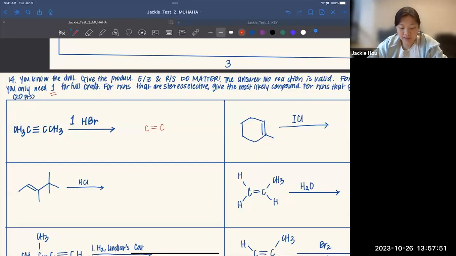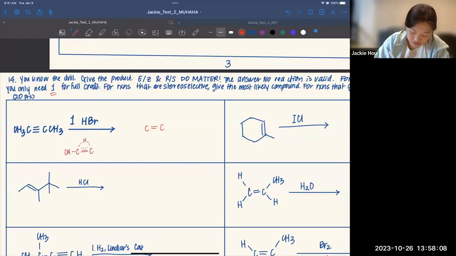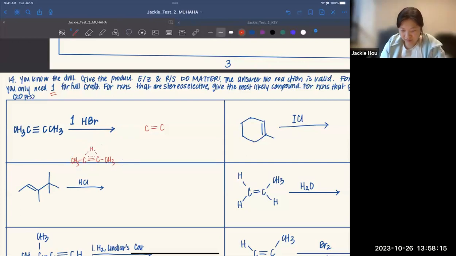But in the mechanism of this, and you'll find this in the textbook, what actually happens is that this alkyne creates a complex called a pi complex. And it looks something like this. This is important to know because it changes the stereochemistry. It's not something we really talked about, but it's something he might put, even if he might not ask you about the theory behind it, but it's something that you need to know.